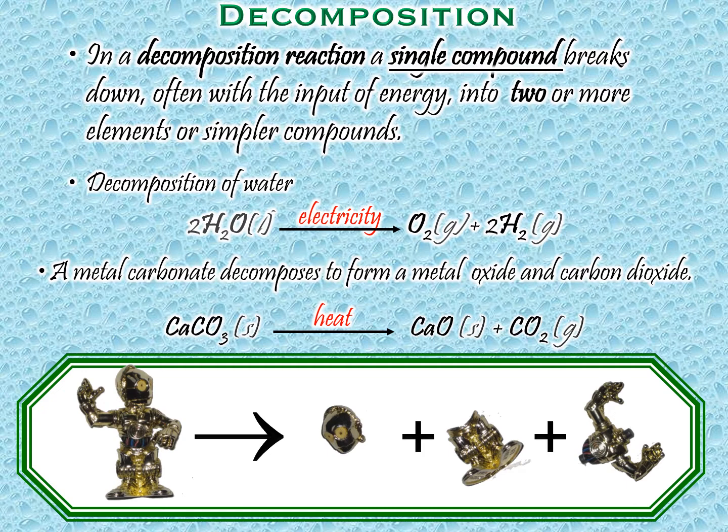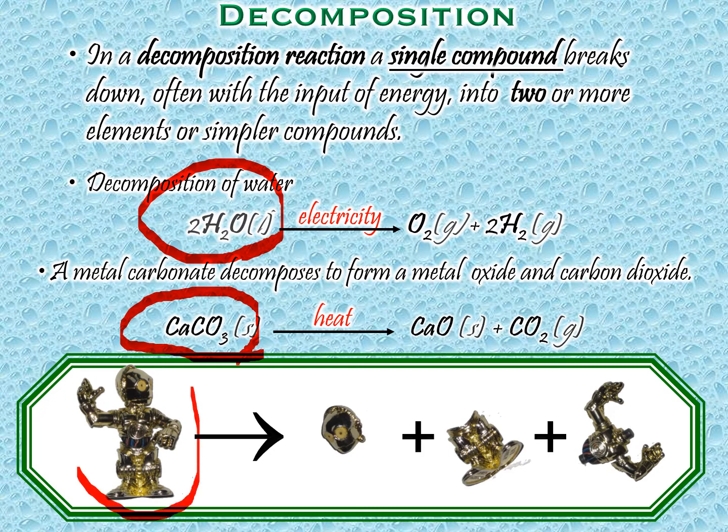If you start off with water, that's one reactant. And if you break it into its parts, well, that's decomposition. Another one is if you start off with calcium carbonate, another very common chemical, and you break it into parts, well, that's got to be decomposition. If you start with one reactant and break it into parts, that's decomposition.